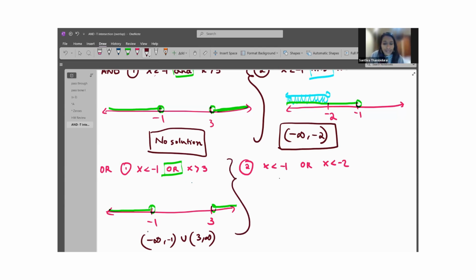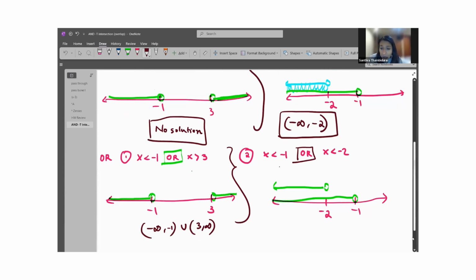Now, if you're doing x is less than -1 or x is less than -2, okay, so -1 is here, -2 is here, x is less than -1 means that's going this way, and x is less than -2 is going this way, correct? Now, because again, you're connected by an or, you need a union. You need both values to satisfy both solutions in your final answer.